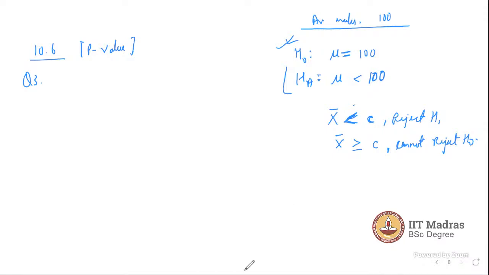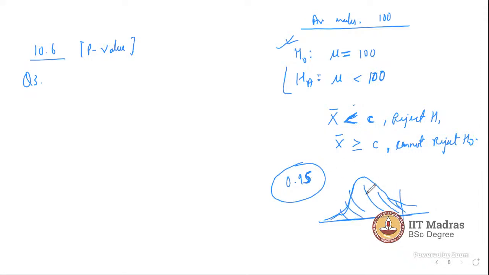Ma'am, if suppose the significance level is given to be 0.95, this means that we have 95% confidence that we are rejecting this hypothesis or accepting it. Okay, so here you are taking a very big rejection region. If I'm saying 95%, we'll reject if x bar is less than c. This is the level of significance that I'm giving.